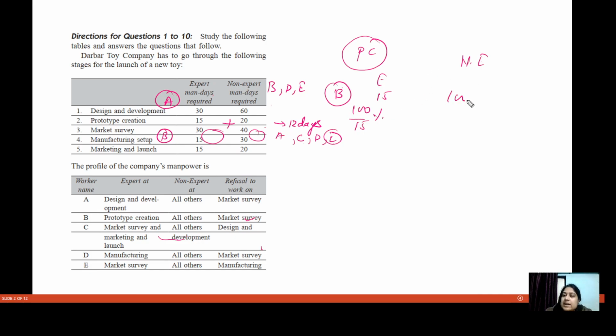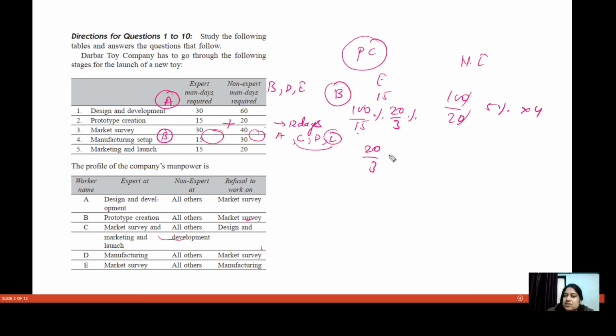Okay, so 100 by 20. Okay, so we have this as 5% of the work done in one day. And how many non-expert people are there? 4. Okay, so you have 100 by 15, that is 20 by 3% of the work.